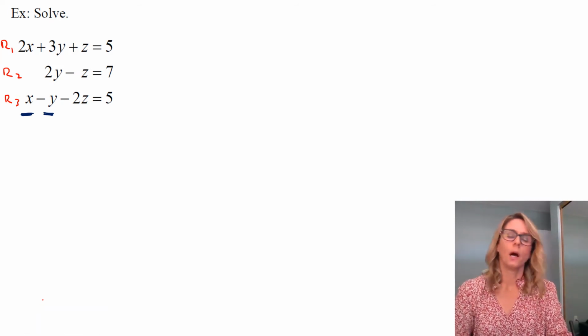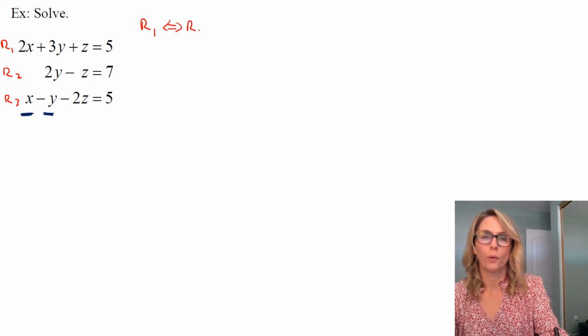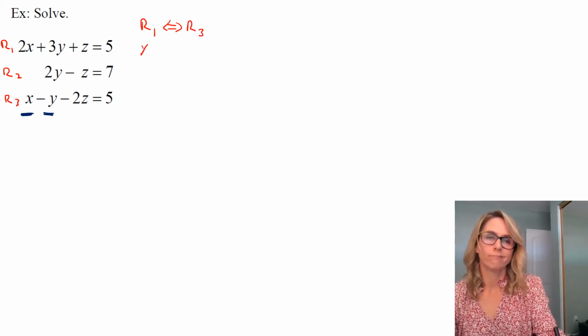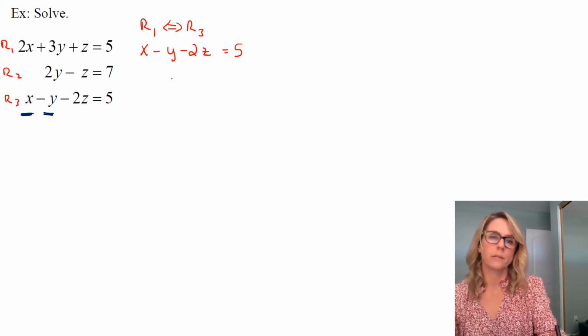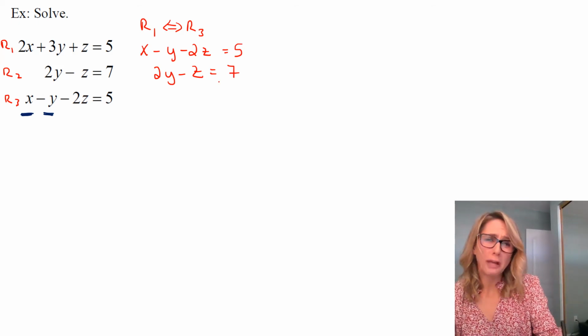But really, the best thing to do would be to switch our row 1 with row 3. And that's just going to give us an x at the top instead of a 2x that we have. In the end, the answer is the same whether you switch it or not.